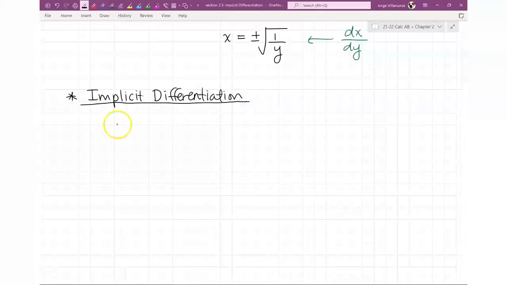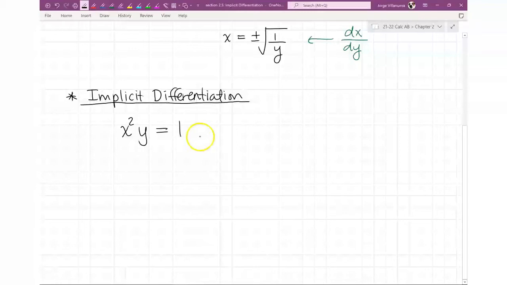So I'm going to take a derivative of the following: x squared y equals 1, and I'm going to do this implicitly. Now notice, x squared y is a product, correct? Two things being multiplied together. So if it's a product, I have to use the product rule.